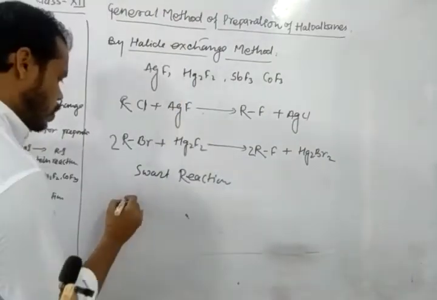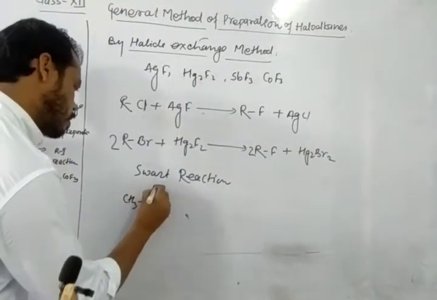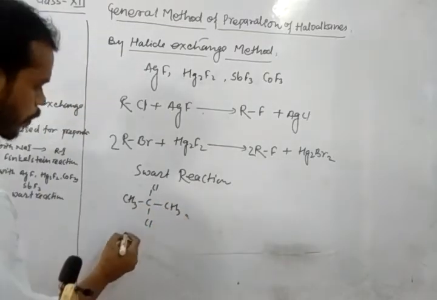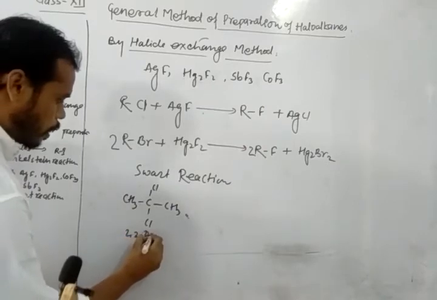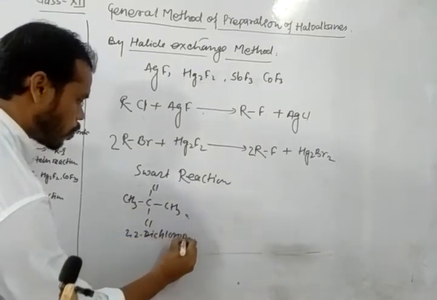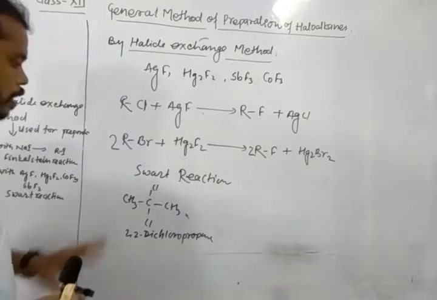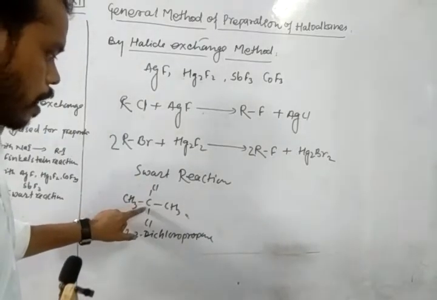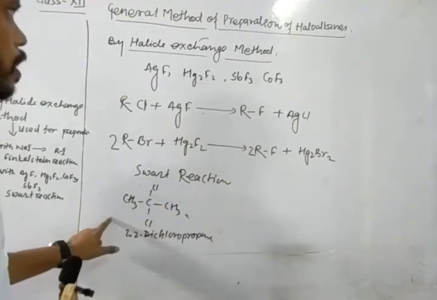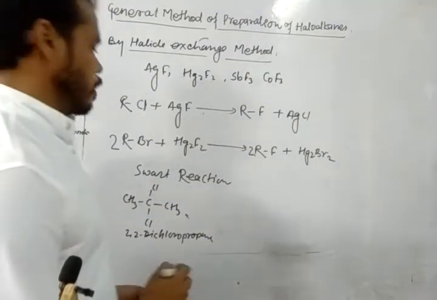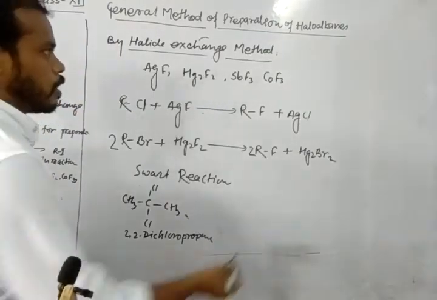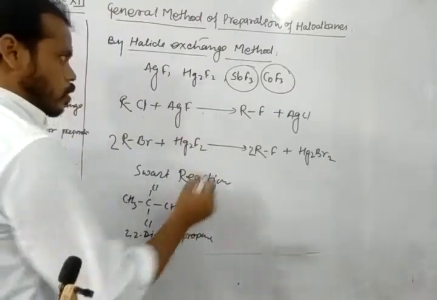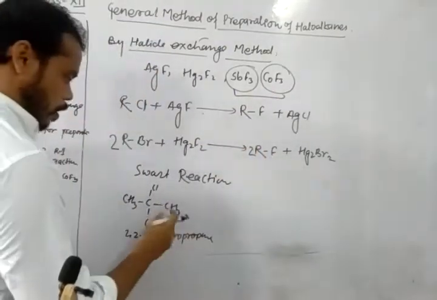Suppose CH3CCl2CH3, 2,2-dichloropropane. You can see that 2 chlorine atoms are attached to the same carbon atom. In this situation, the useful reagents to form fluoroalkane are antimony trifluoride and cobalt trifluoride.